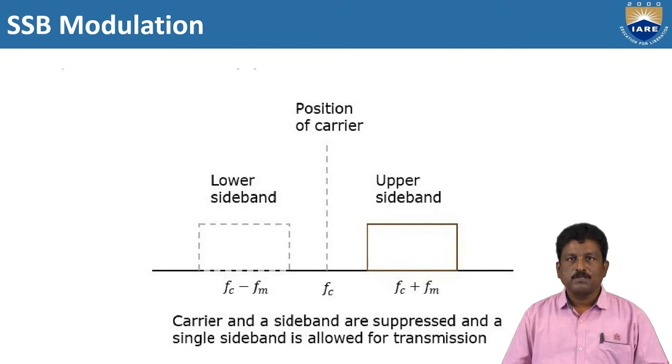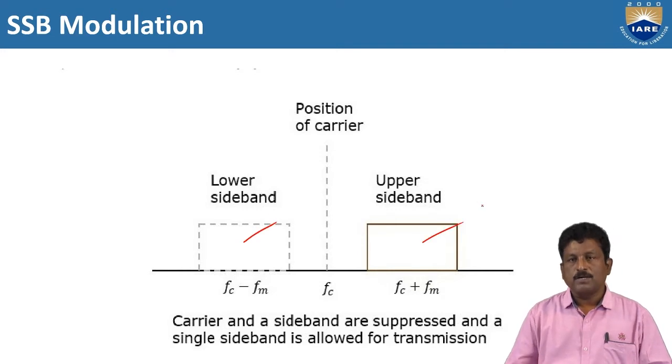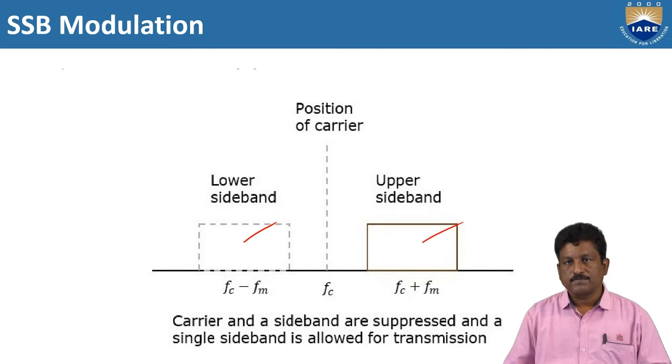Why is SSB modulation needed? By seeing the diagram, with reference to the carrier position, both the lower sideband and the upper sideband are mirror images of each other, symmetrical to each other.